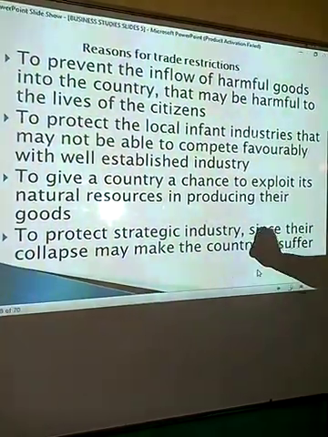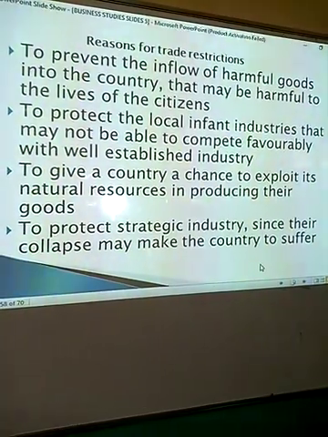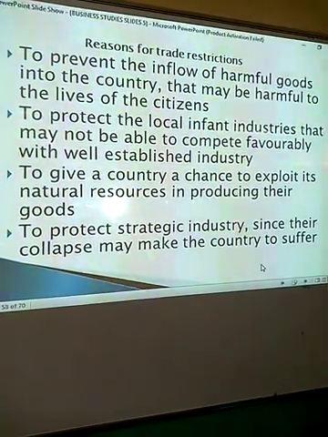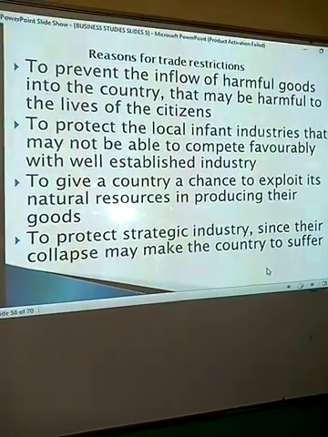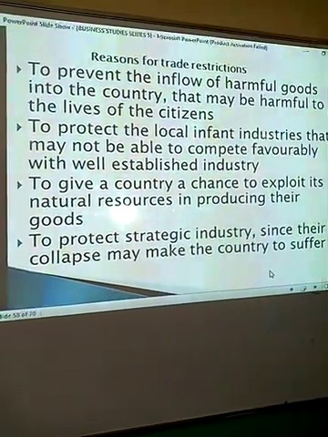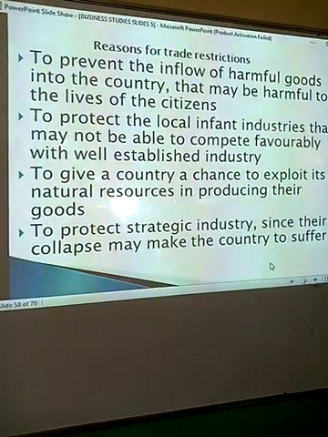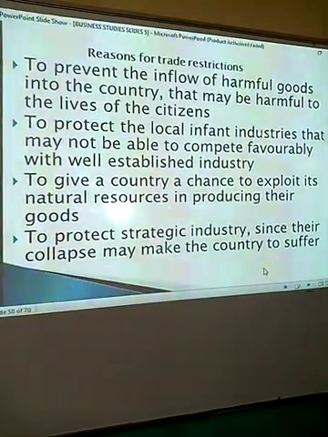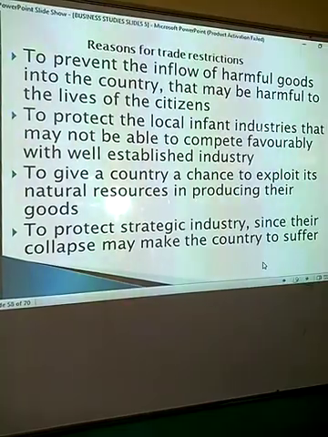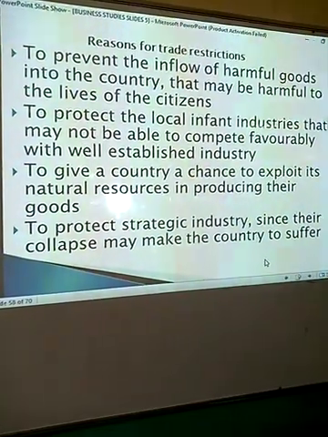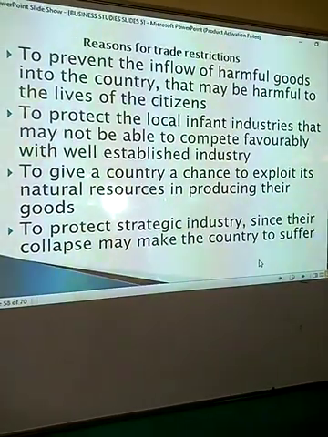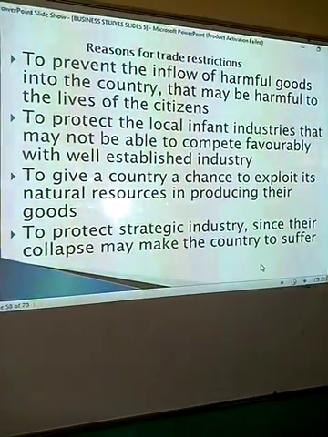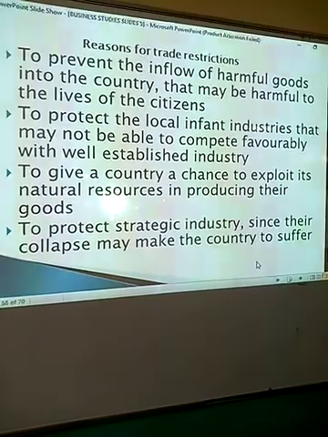Another one is to protect strategic industry, since their collapse may make the country suffer. There are certain strategic industries in a country, for example, security. These are very strategic, very key. The government needs to protect these kinds of industries, or industries that produce basic commodities. A country cannot rely on other countries for basic commodities.